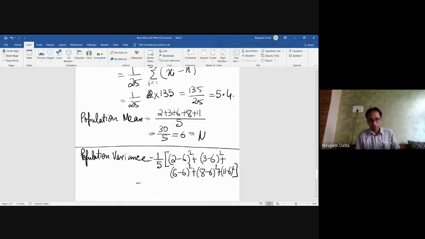So this is 1 by 5. Within the bracket we have minus 4 whole square plus minus 3 whole square plus 0 square plus 2 square plus 5 square.